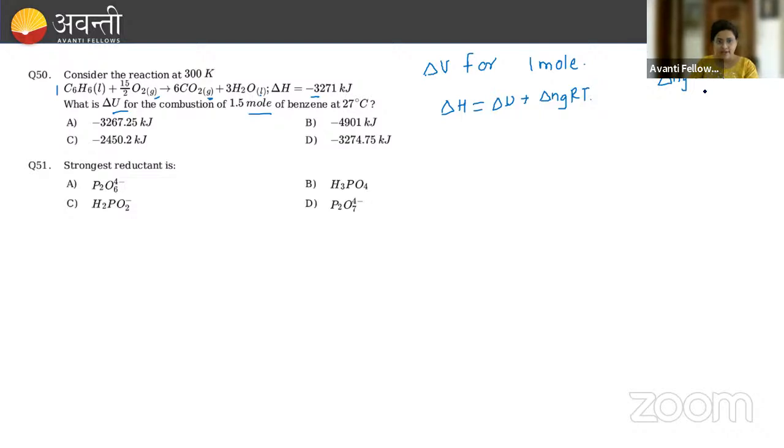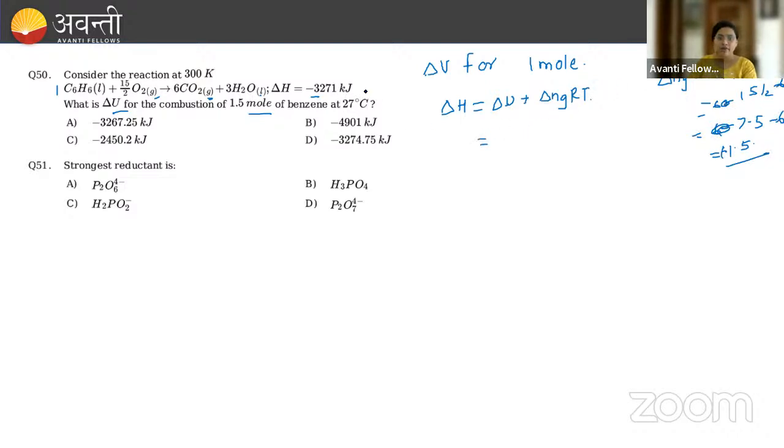When you do this calculation, you will get 6 minus 15 by 2. 15 by 2 means what? 7.5. So you will get 1.5 as the magnitude. Even though it is minus, or you can do reactant minus product: for the reactant 15 by 2 minus 6, that is 7.5 minus 6. You will get 1.5 as the delta Ng.